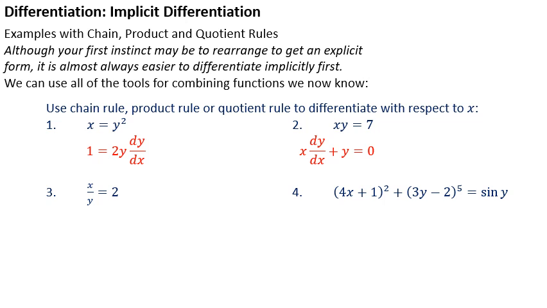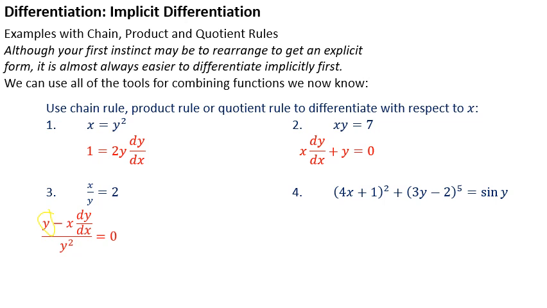For question 3, a nice approach here is quotient rule. So we have the bottom multiplied by the derivative of the top, and you'll notice with that very first term, the y there, we didn't need to have a dy by dx because we weren't differentiating the denominator, we were just writing it down. We differentiated the x, so it's y times 1 minus the top times the differential of the bottom, x times the derivative of y, but with respect to x.